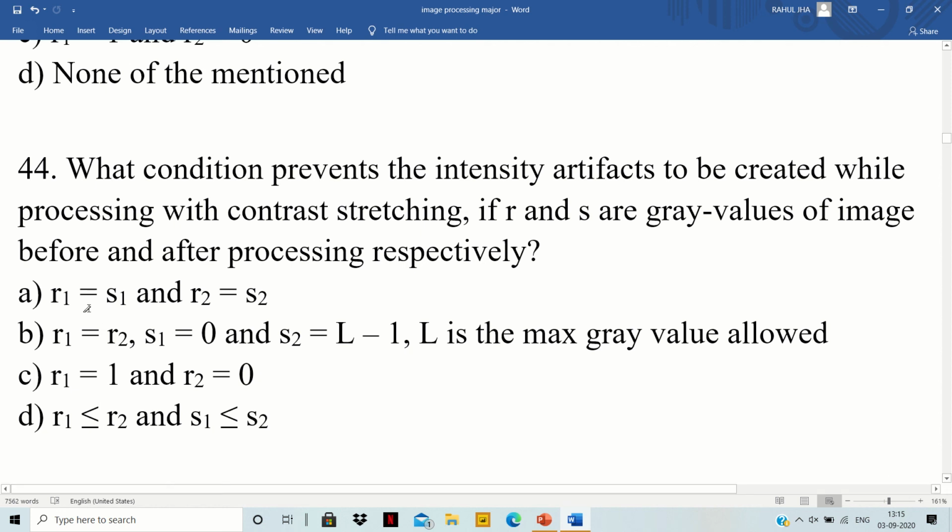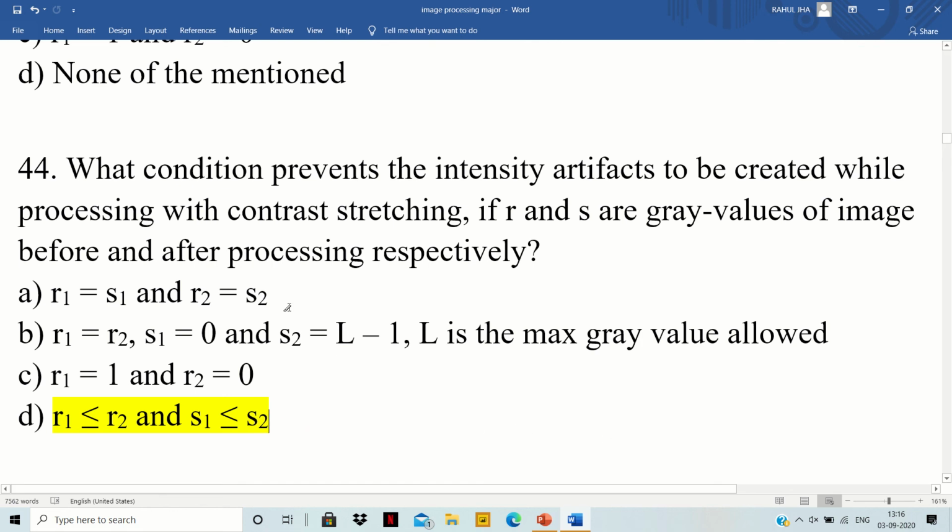So as we know, the first option is for the linear, the second option is for the thresholding function, and this can't be the right option. So the right answer will be if R1 is less than or equal to R2 and S1 is also less than or equal to S2, that will prevent the intensity artifacts.